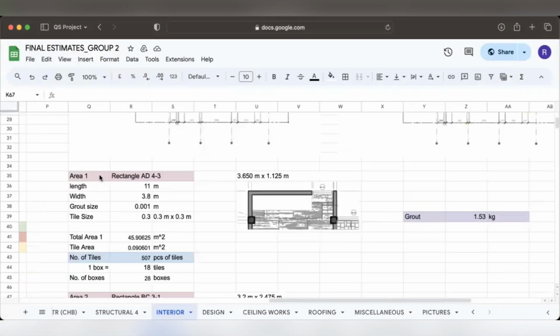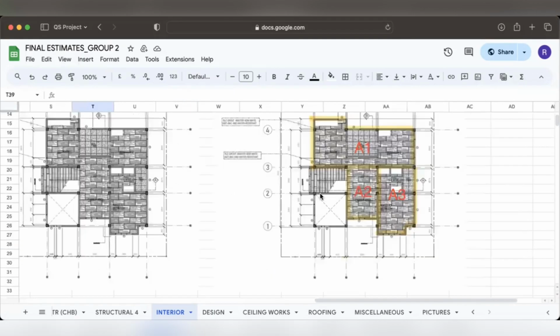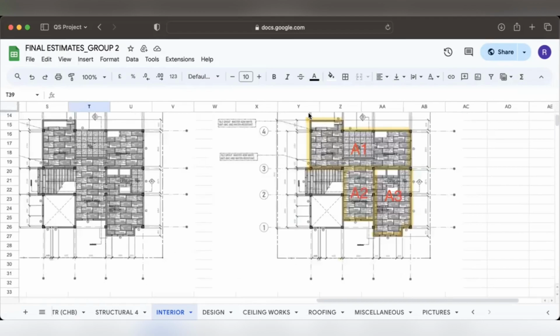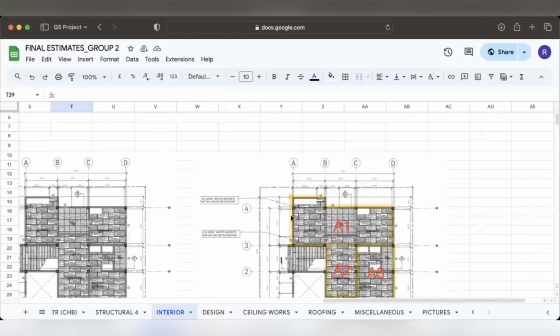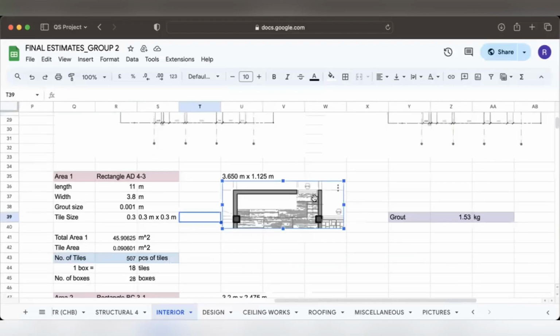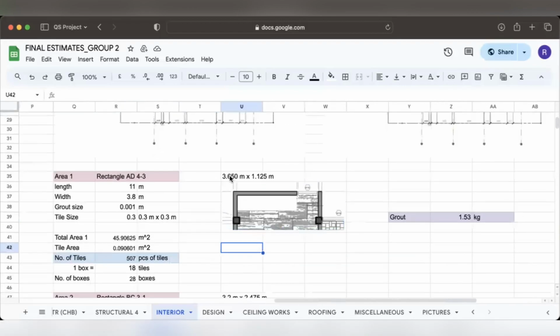So for area 1, we have a length of 11 meters, width of 3.8, same grout size. To get the area, we're going to multiply the length and the width plus this part or this dimension, which is found at the top side, left corner of the plan, which has a dimension of 3.650 meters by 1.125 meters.